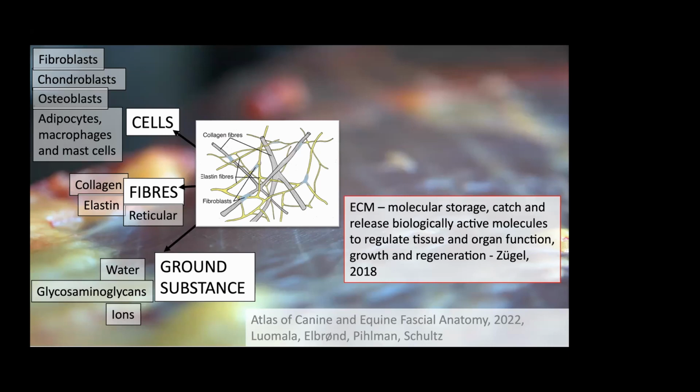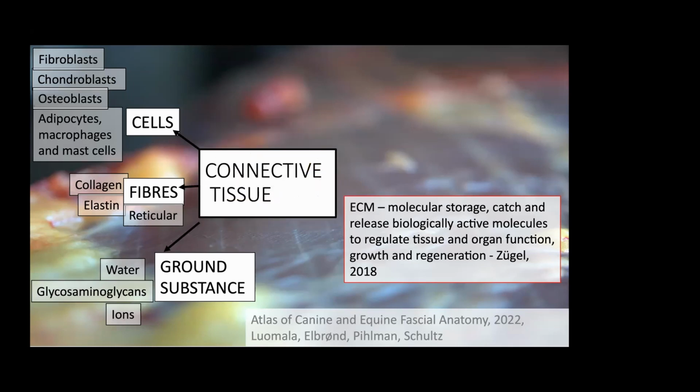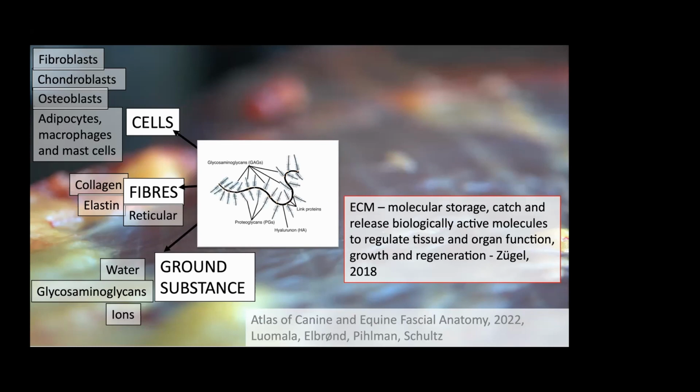In some places, it contains more collagen, and in some places, there is more elastin. And that is giving the elasticity to our body. And then when looking at the ground substance, we have water, glycosaminoglycans, and ions in that one.